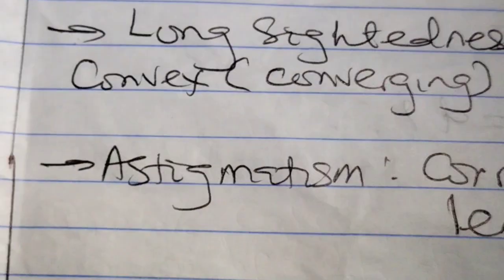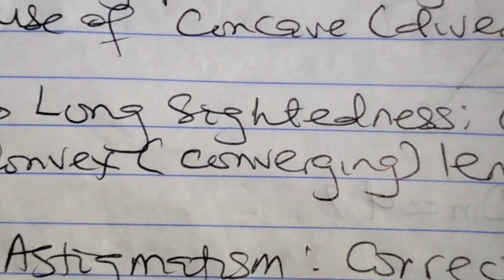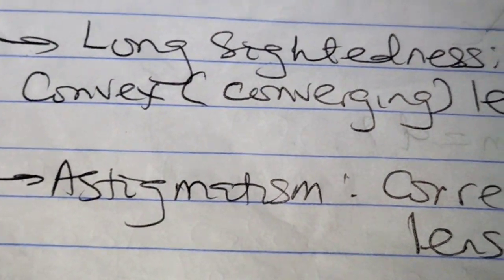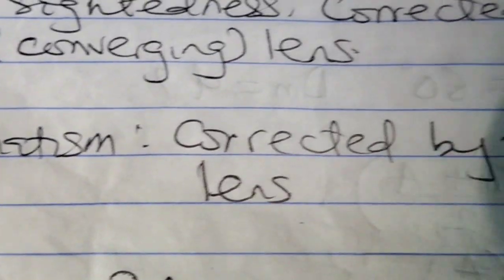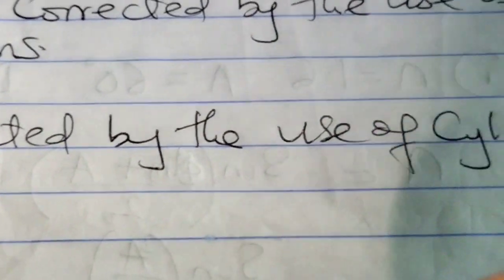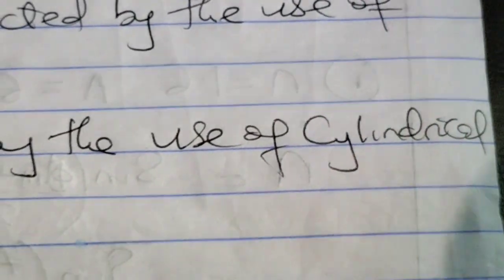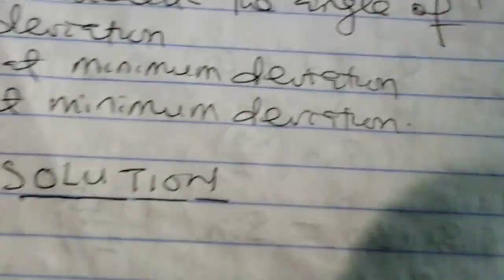We have long-sightedness, otherwise called hypermetropia, corrected by the use of convex or converging lens. We have astigmatism, corrected by the use of cylindrical lens, and so on.